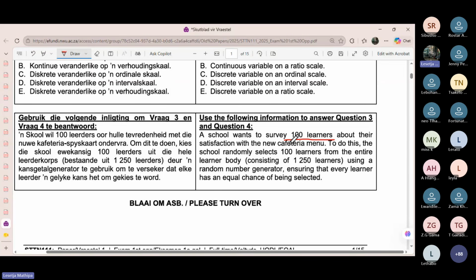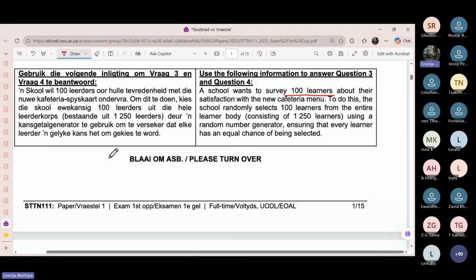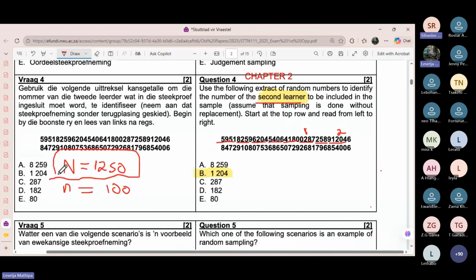Out of that 1,250, they want to survey 100 learners. So 100 will be the sample size, which is small letter n. Capital letter N is the population, 1,250, and the sample size is 100.